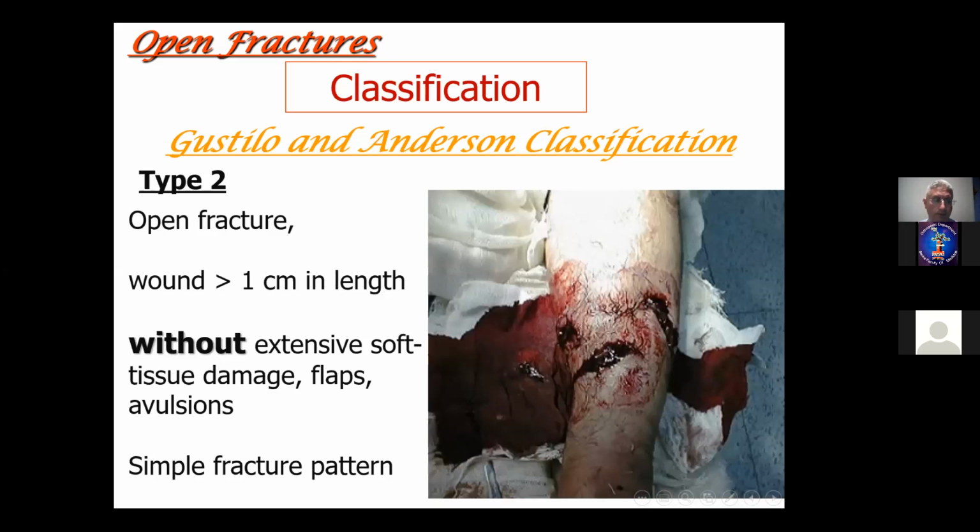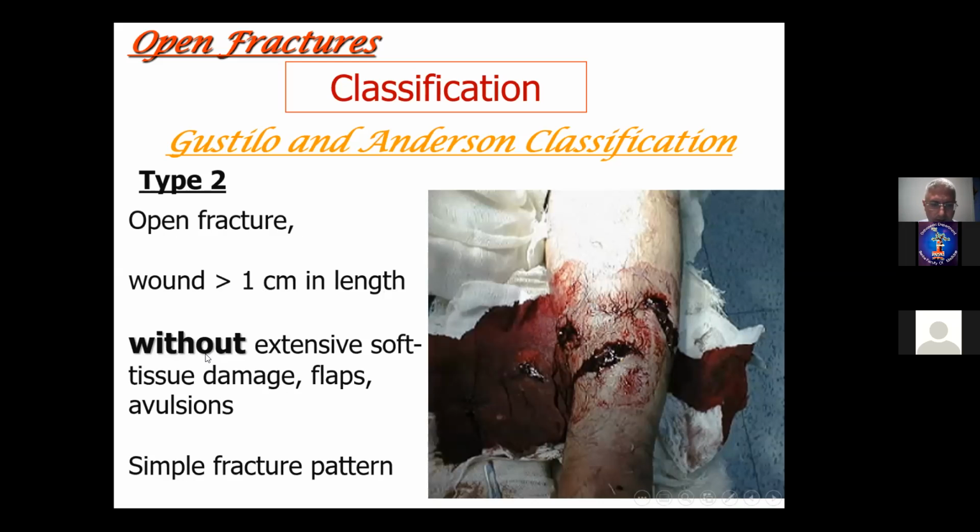Okay, type 2. It's an open fracture with a wound more than 1 centimeter. It's not just 1 to 10 centimeters. This has been changed, okay? The open fracture with a wound greater than 1 centimeter in length, but without extensive soft tissue damage, without flaps, and without avulsions.